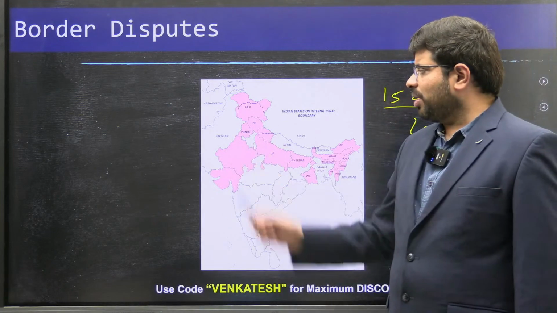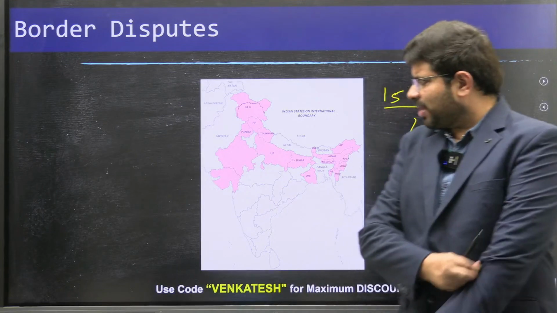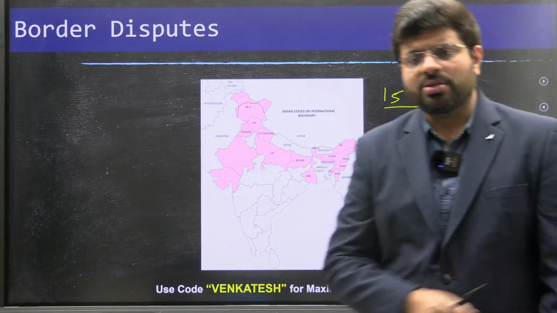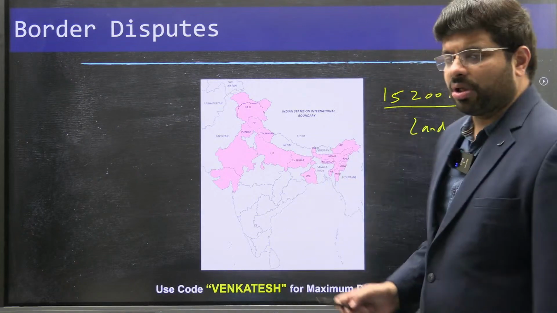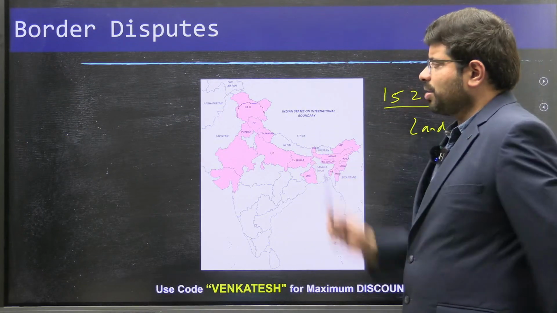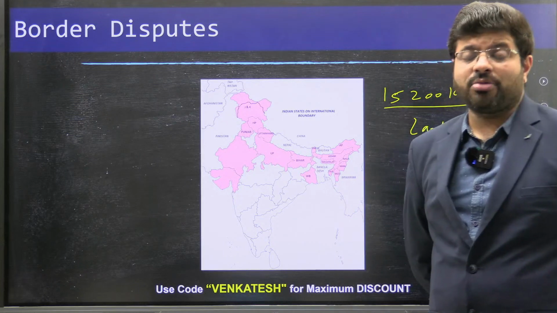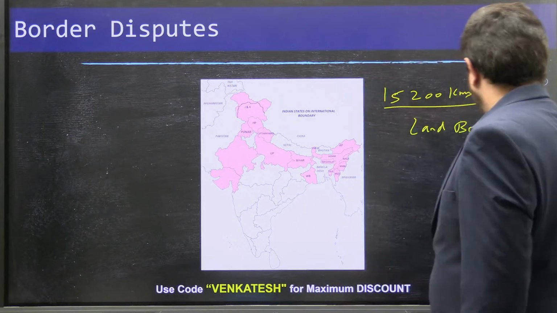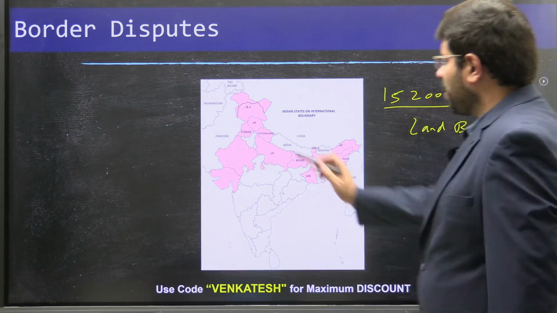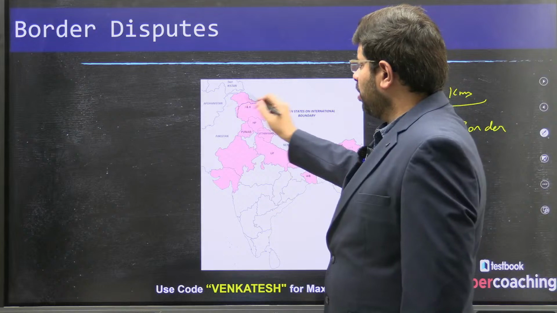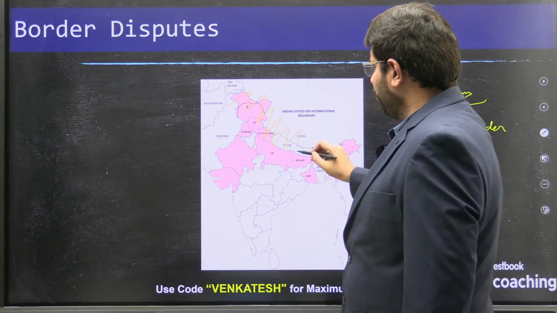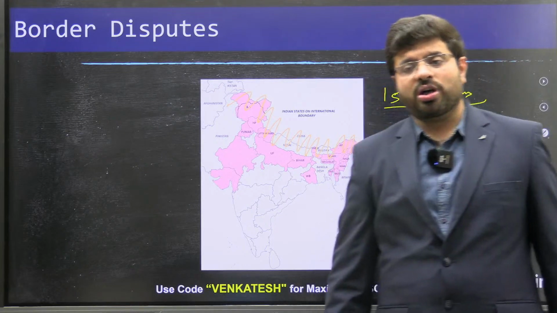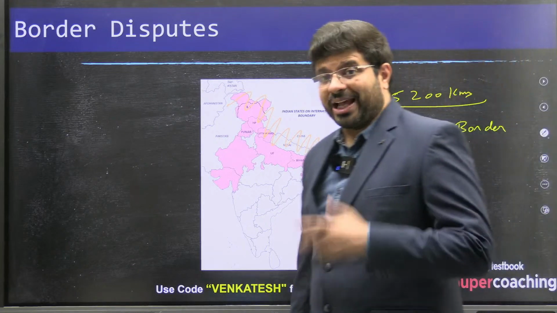With Pakistan, you have the regions of Punjab, Rajasthan, and even Gujarat. So we have a decent amount of boundaries with our neighbors, and these boundaries run along the rugged topography of the Himalayas, which makes it even more dynamic in nature.